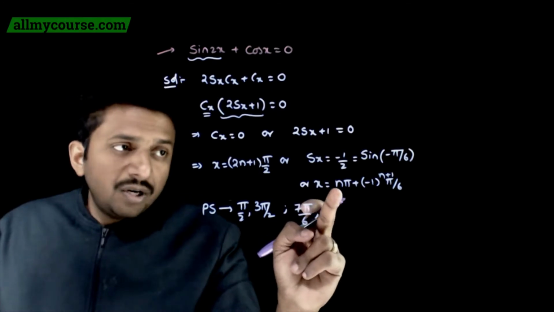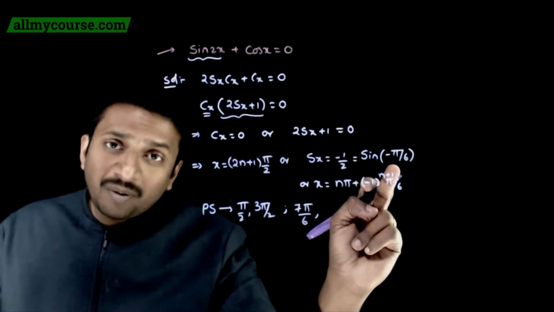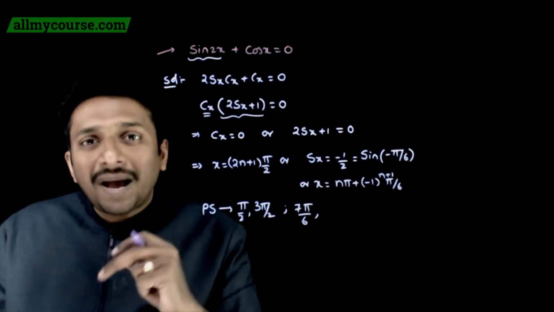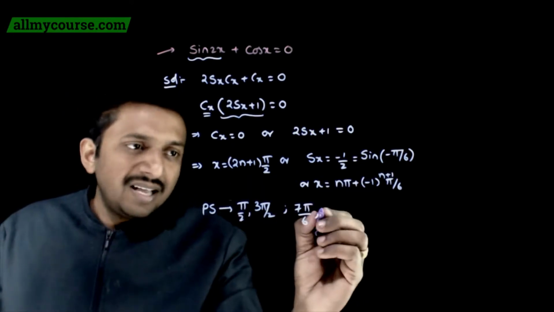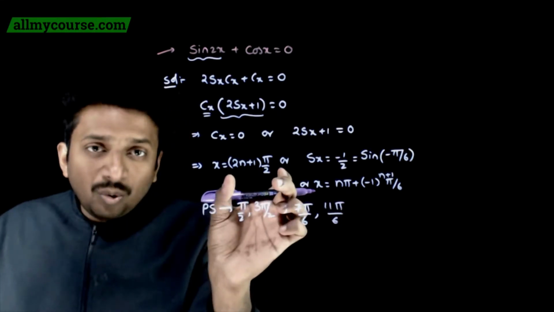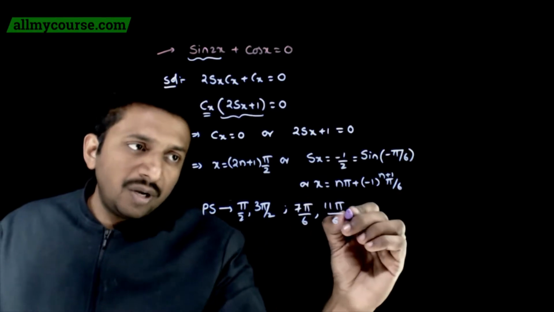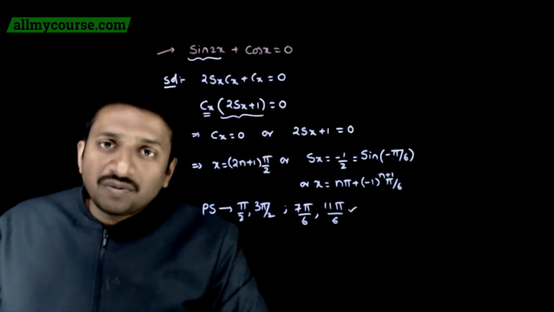If you put n is equal to 2, the power becomes 3, so 2 pi minus pi by 6, that is 11 pi by 6. So these are the two principal solutions for this side. In total you have 4 principal solutions for this equation.